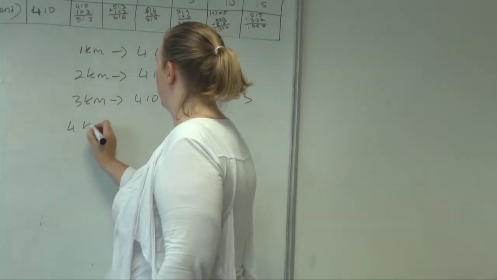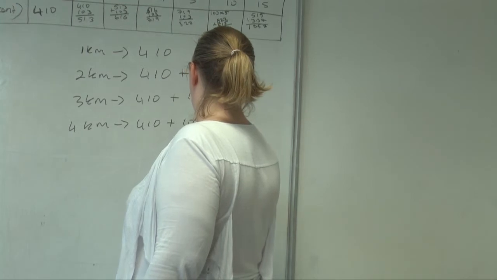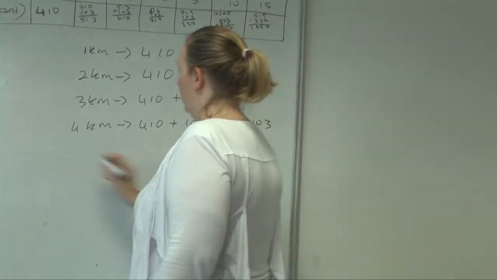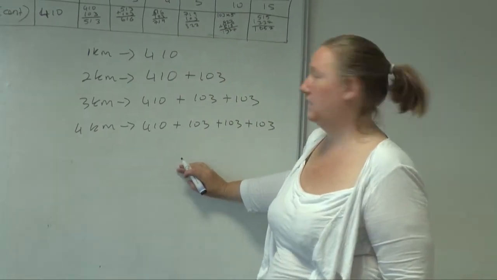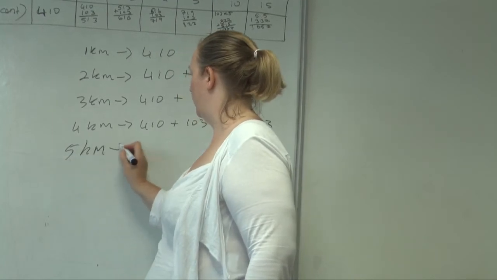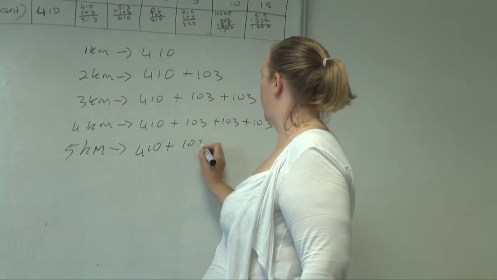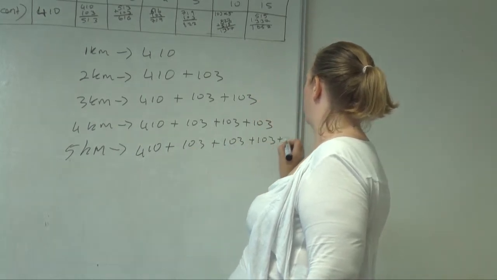Your fourth kilometre is 410 plus 103 plus 103 plus 103. Do you see where I get all this from, by the way? Does that make sense so far? Your fifth kilometre is 410 plus 103 plus 103 plus 103 plus 103.